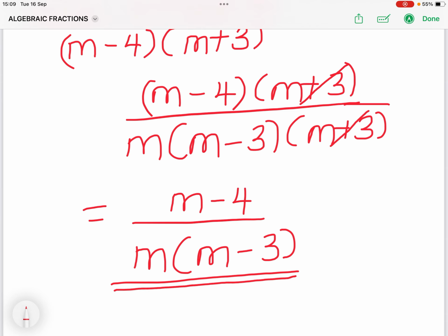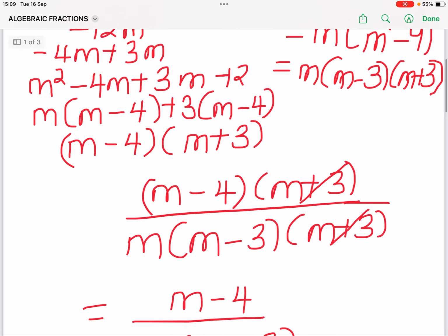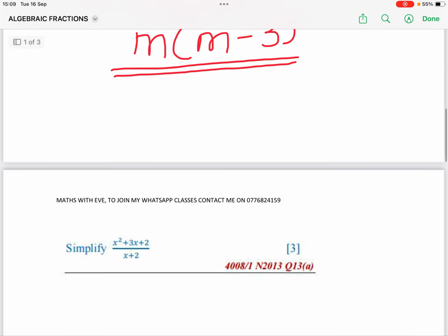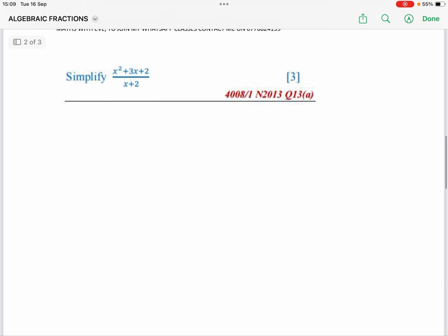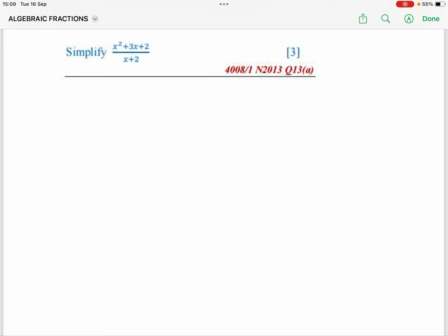So that was all about how to simplify the question on algebraic fractions that was in June 2017. We can now proceed to the next question. We are going to cover this question on simplifying algebraic fractions. It was in November 2013.